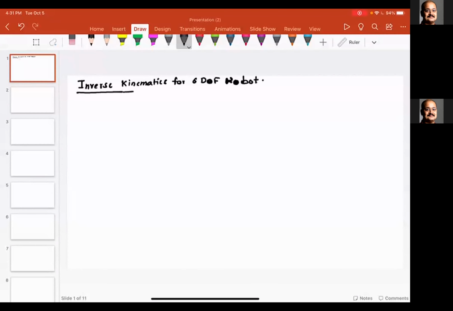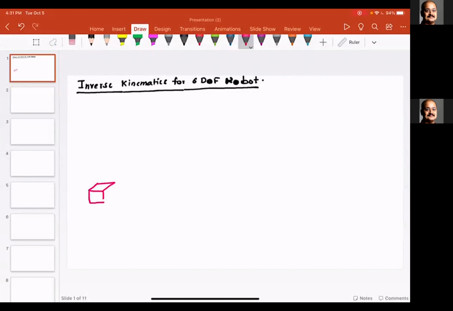And the idea here is, as we discussed in the last class, we are going to split the robot into a manipulator and a spherical wrist. So let me work out this problem from scratch. First, let me draw the kinematic diagram for this robot.